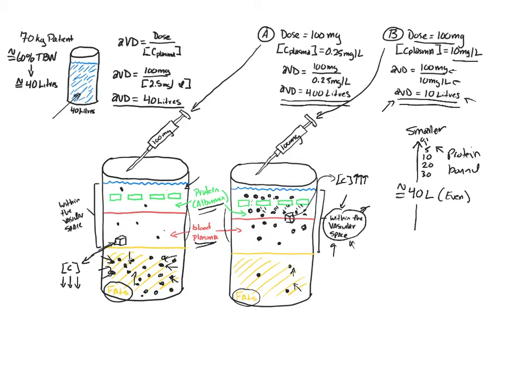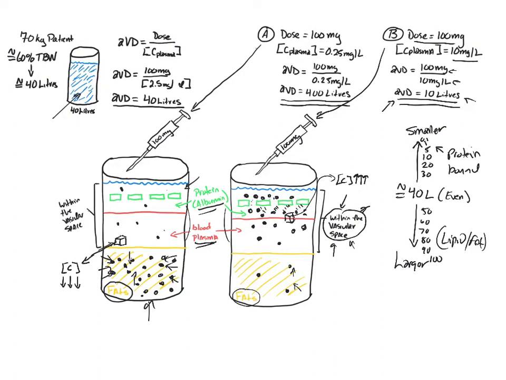And then the larger the apparent volume of distribution gets, so 40, 50, 60, 70, 80, 90, 100, the more lipid or fat bound the drug is, that is to say that the drug is being more and more sequestered in the fatty compartments. And so we have a much more dilute plasma concentration.